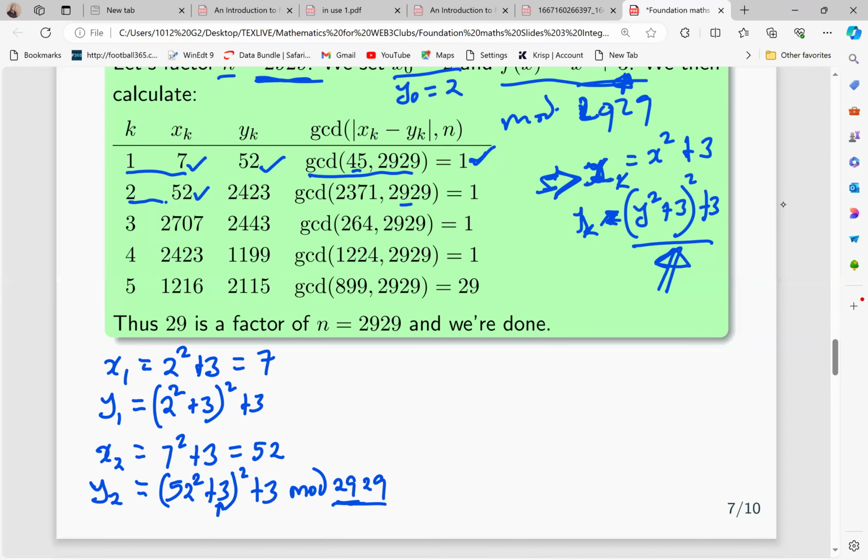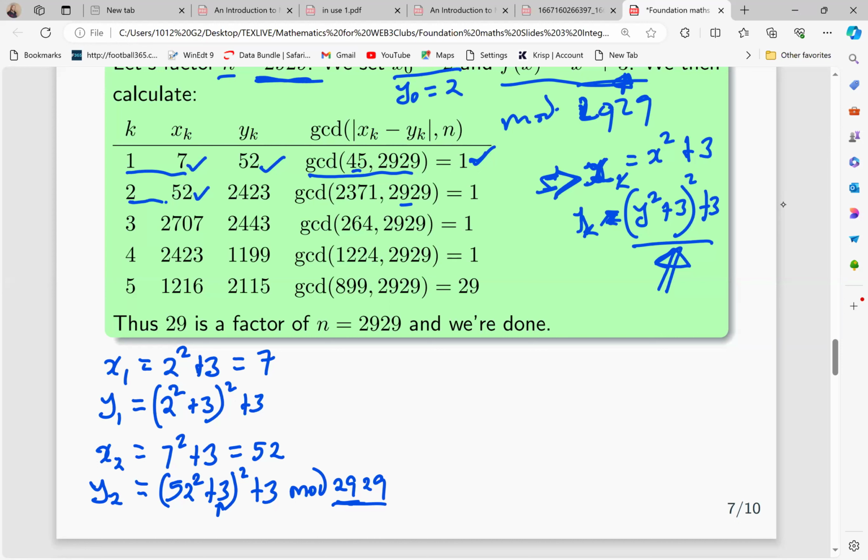So I have 2707, which is small. Let me now square that result. When you square it, you have 7,327,849. You can add 3 to it.